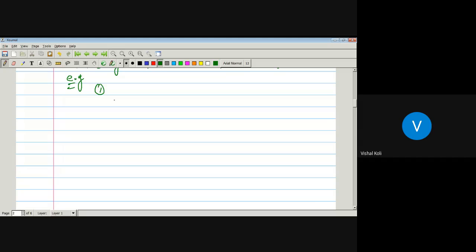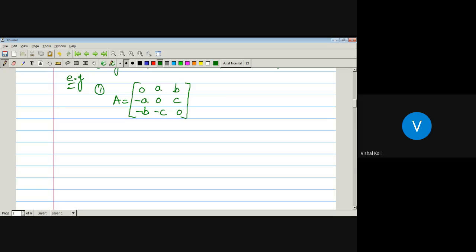First one, A equals the matrix with rows 0, a, b; minus a, 0, c; minus b, minus c, 0. Now we have to check whether this matrix is a skew symmetric matrix or not.